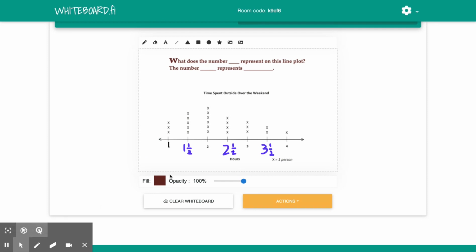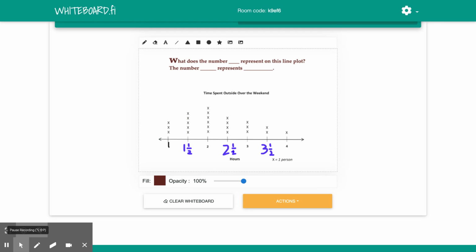What does the number 1.5 represent on this line plot? Stop and think. The number 1.5 represents 1.5 hours spent outside over the weekend. Now I want you to stop and think, what is 1.5 hours?